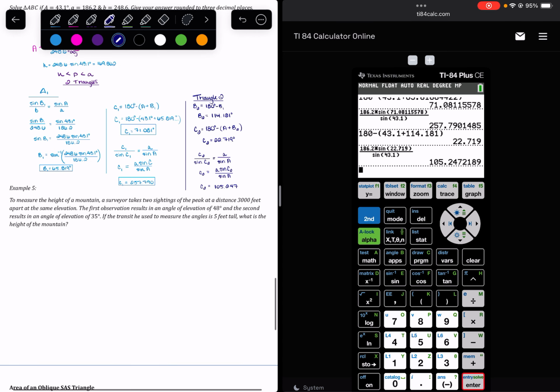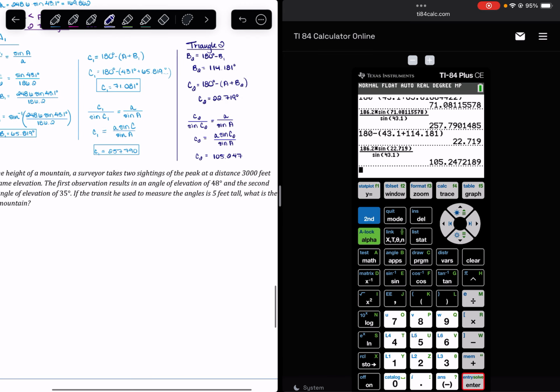Last one. So a little application here. For this one, it says to measure the height of a mountain, a surveyor takes 2 sightings of the peak at a distance of 3,000 feet apart at the same elevation. So what we want to do is get a picture drawn. Here's my mountain. Here's my ground.